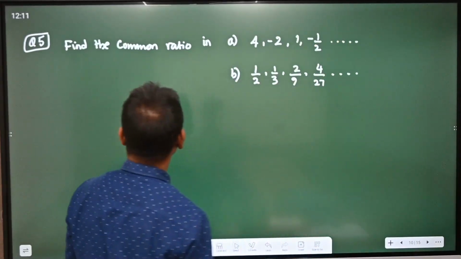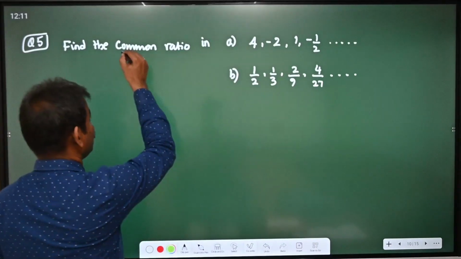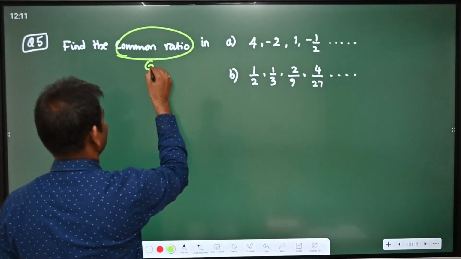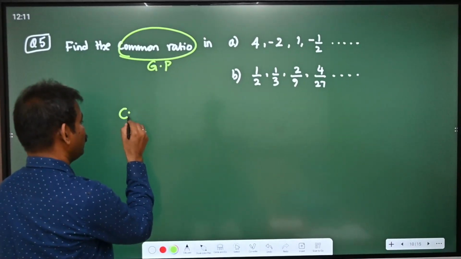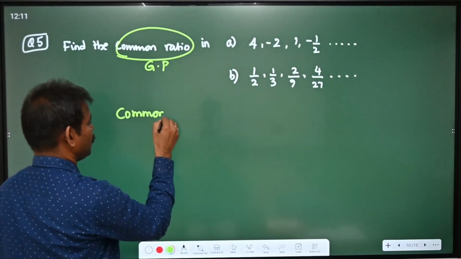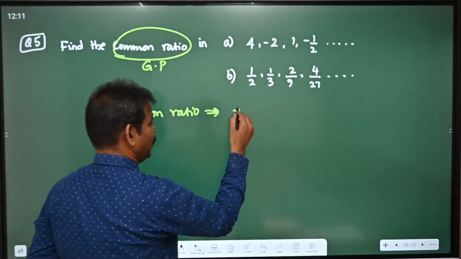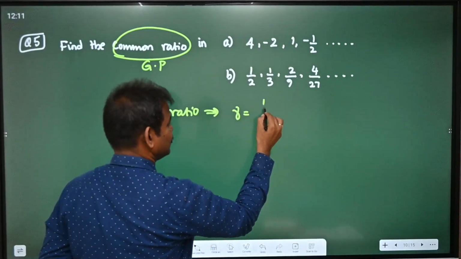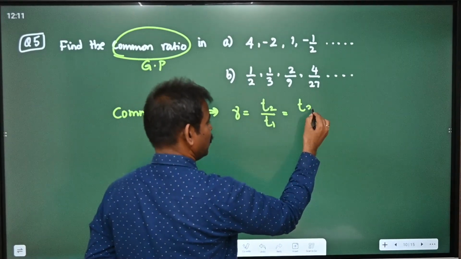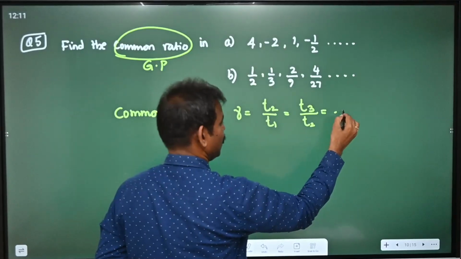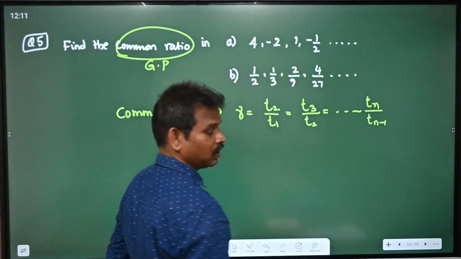Next one, find the common ratio in this one. When they are asking us to find the common ratio, we know this is not an AP, this is a GP. The common ratio is given by r equals the second term by the first term, or the third term by the second term, or the nth term by the n minus 1th term.